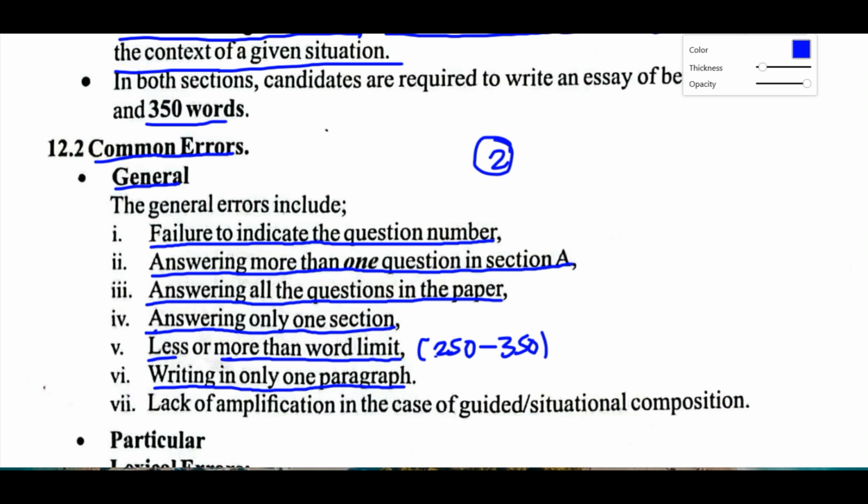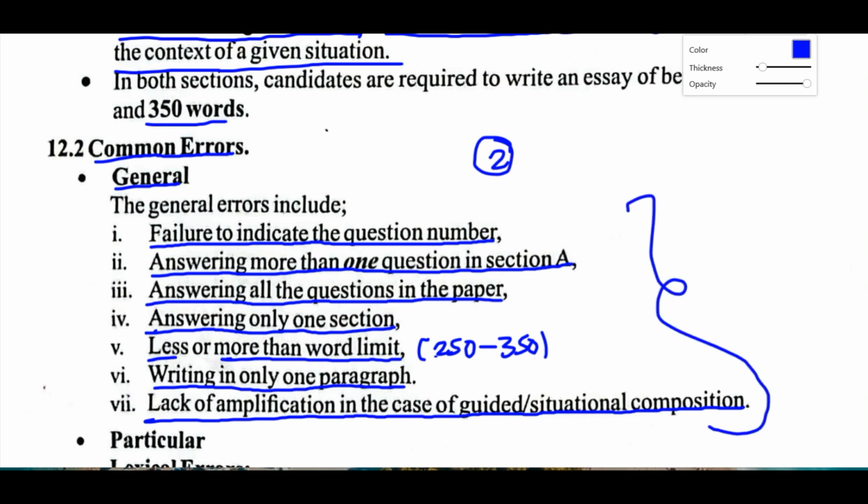So never write one paragraph. The last point here is lack of amplification in the case of guided or situational composition. This depends on the type of composition that you are given. All these rules fall under the common errors.